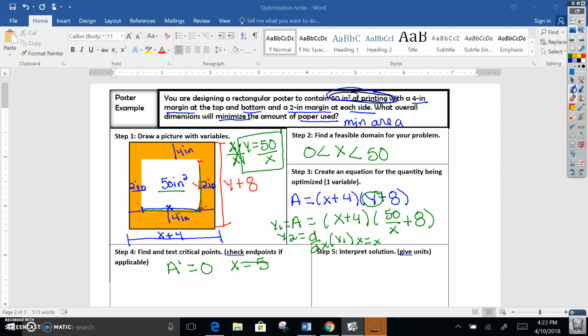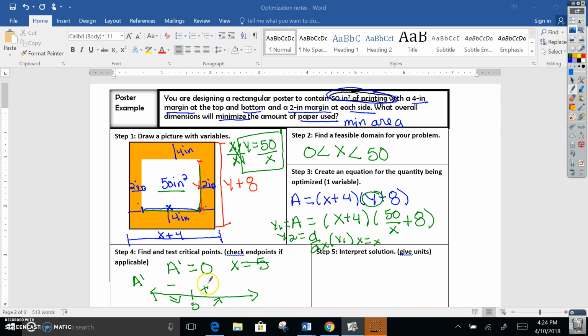That's just your critical point. You still have to make sure you test it. Again, if you look at the graph of the derivative, since we're minimizing, you should get a negative, which means going down, and then a positive, which means going up. So you should get something like that, which would prove that x is your minimum. And again, you just look at the sign of the derivative.